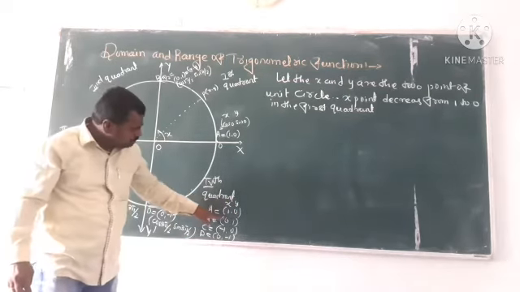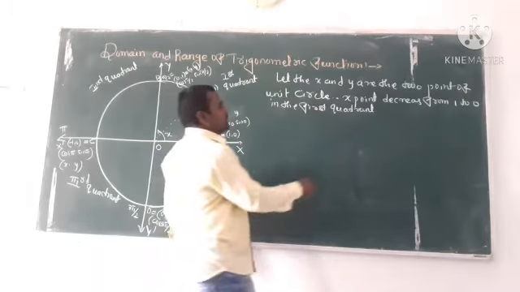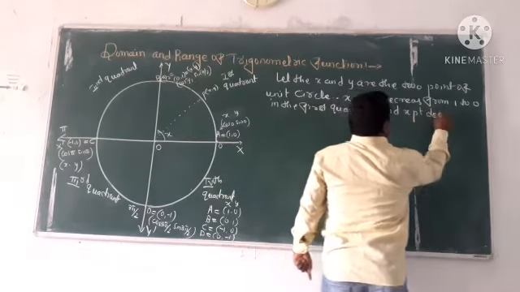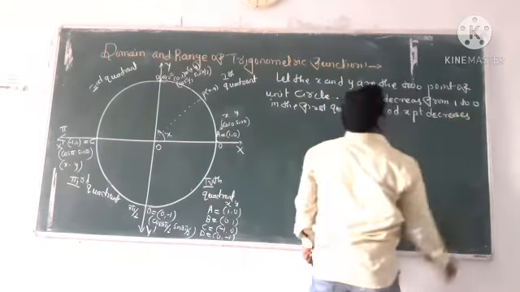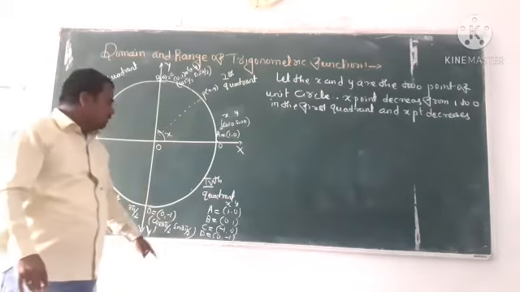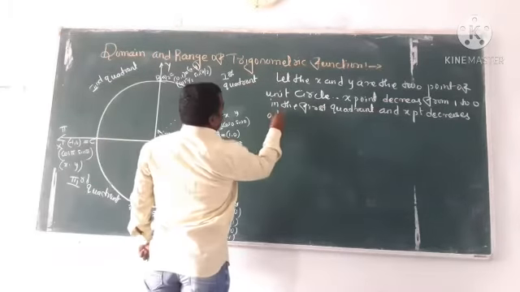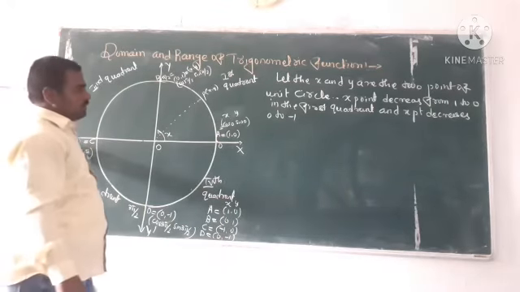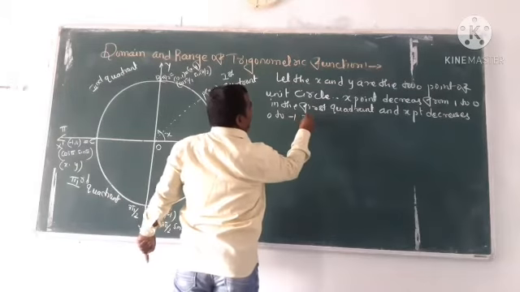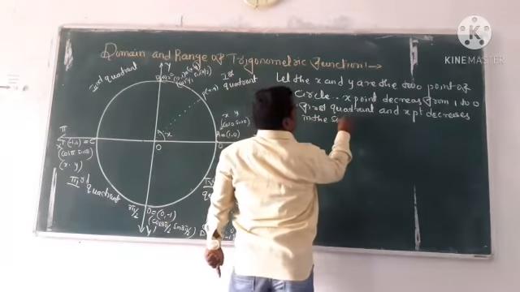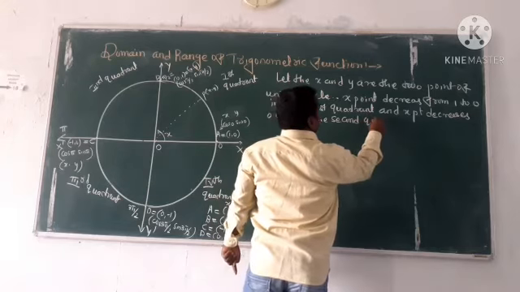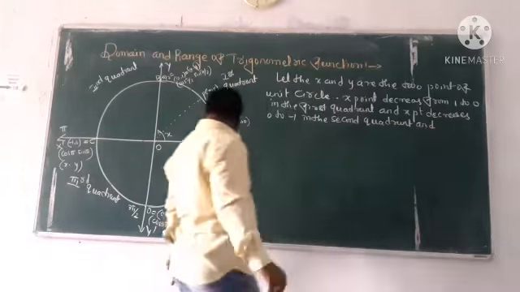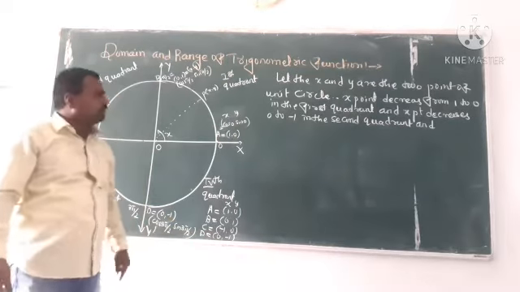So the x point decreases from 1 to 0, then the x point decreases from 0 to minus 1 in the second quadrant, right? And look at the third quadrant, minus 1 to 0.